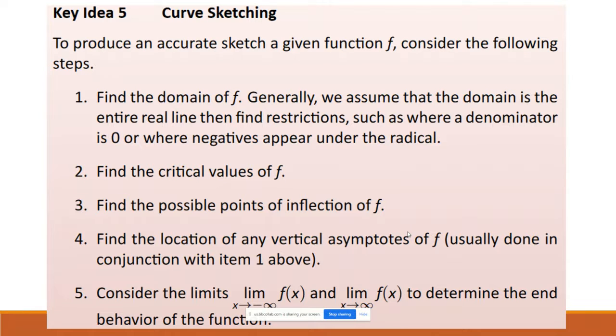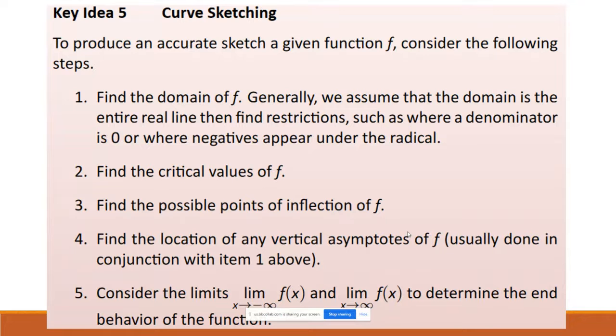Number 3, you want to find possible inflection points, which are determined by the second derivative. So you find the second derivative, set it equal to 0 or undefined, and that gives you the possible inflection points. Basically, we find those necessary points and mark them on the number line.